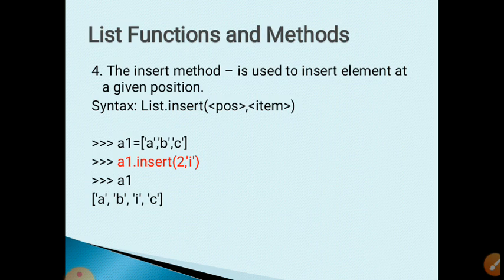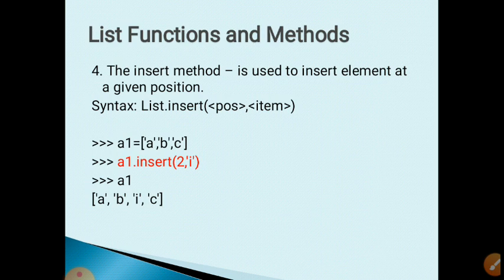Now the insert method. The insert method is used to insert an element at a given position. If we want to add an element at a required place in the list, we use the insert method.